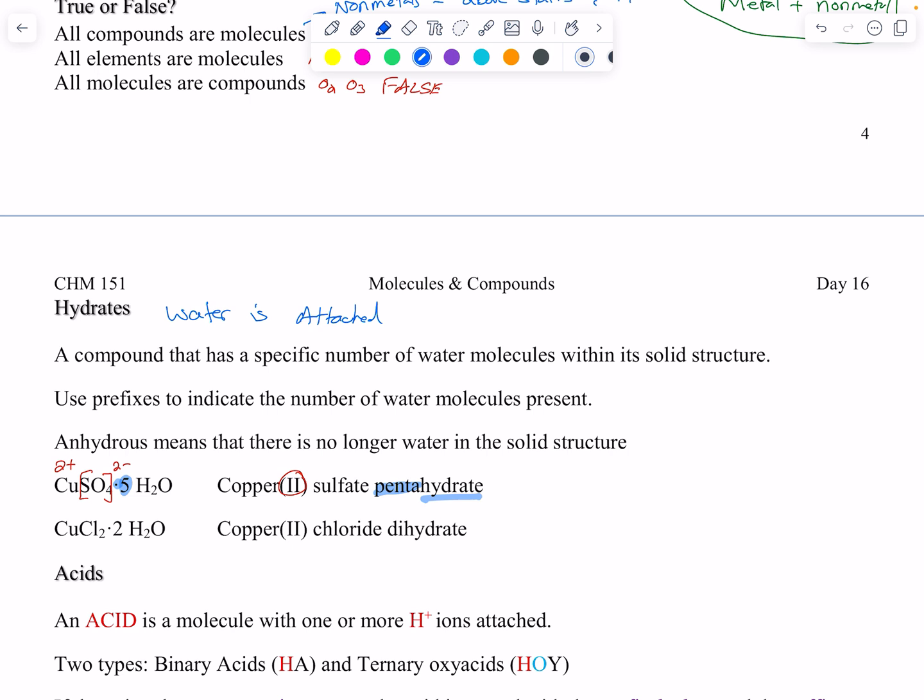Same thing with copper(II) chloride dihydrate. So hydrates are pretty straightforward to name. The only thing you have to remember is that when you're doing the molar mass, it's copper's molar mass, sulfate's molar mass, and 5 waters. Or it's copper's molar mass, 2 chlorines, and 2 waters.